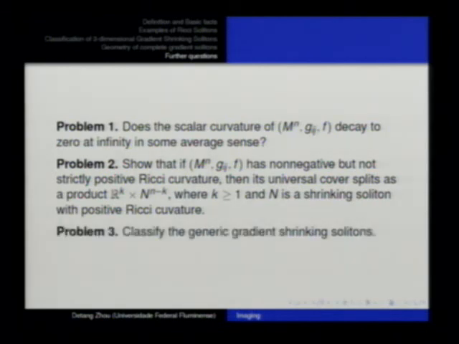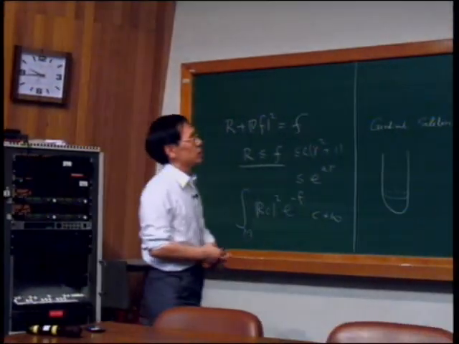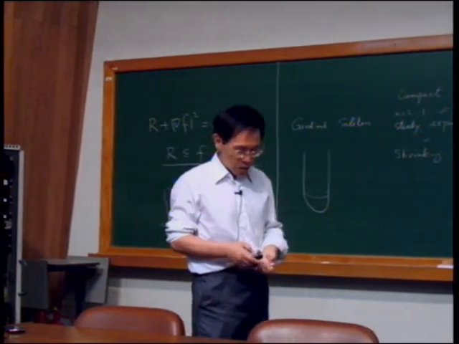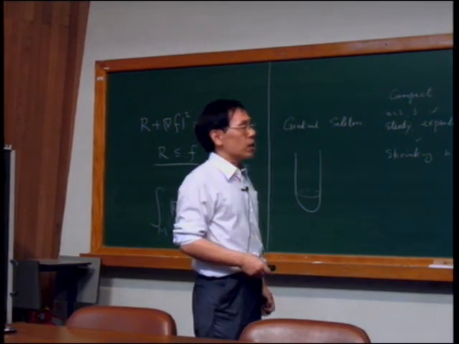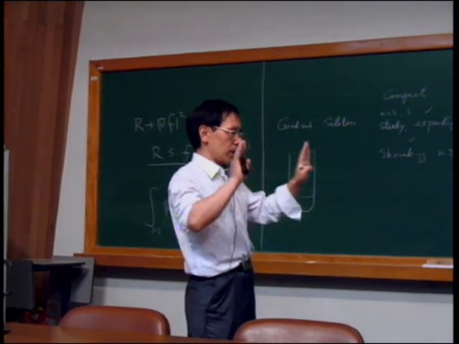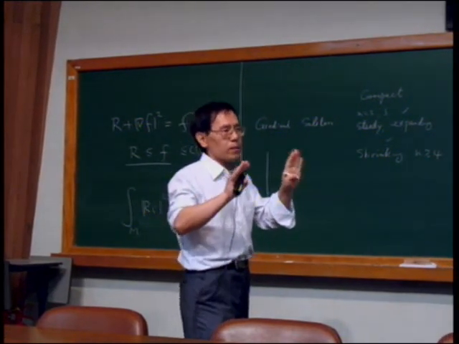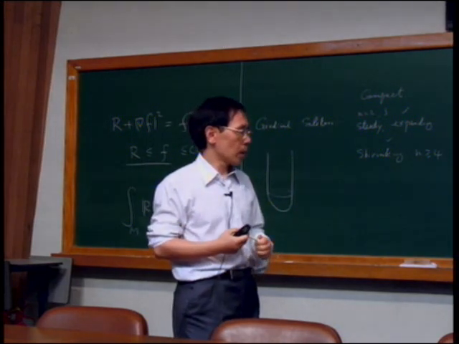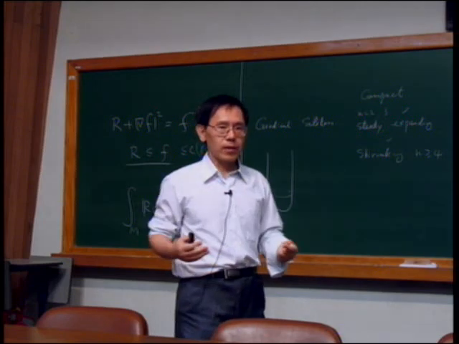So the last question is, as I just mentioned in the beginning, can you classify the generic gradient shrinking solitons? It's just parallel to the recent result of Colding and Minicozzi for the mean curvature flow. In some sense, there are many similarities between mean curvature flow and Ricci flow. But in some cases, for the mean curvature flow, you have an ambient space.